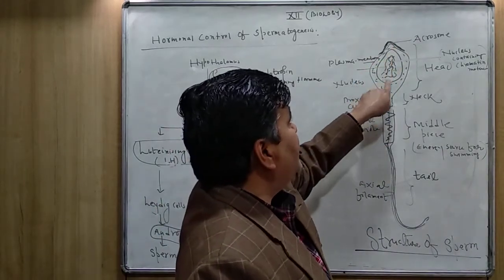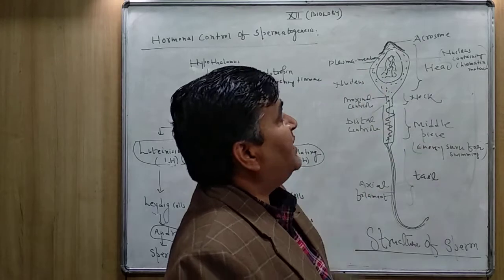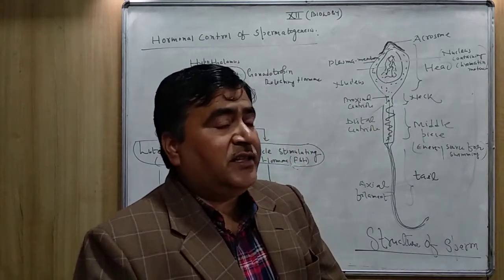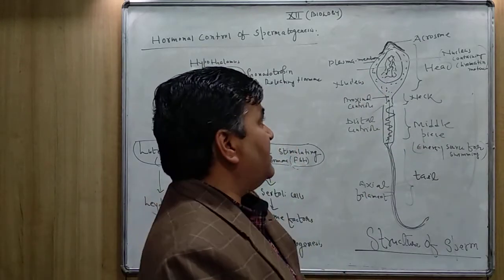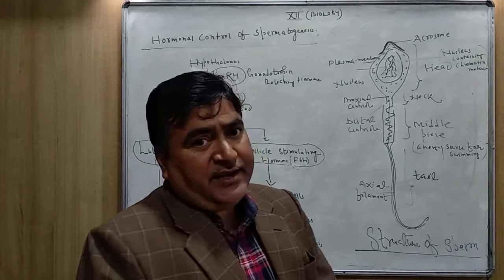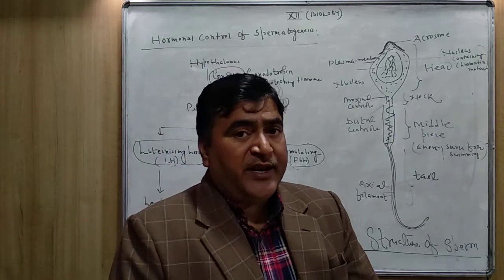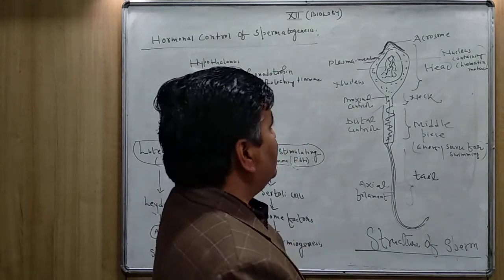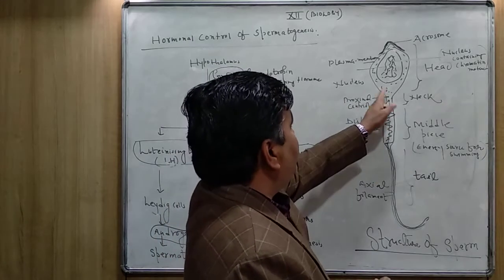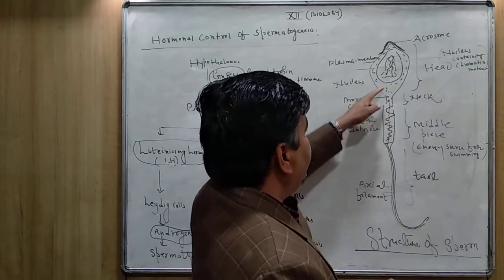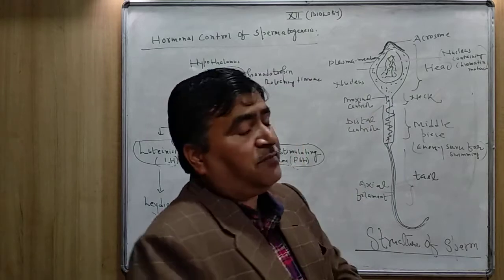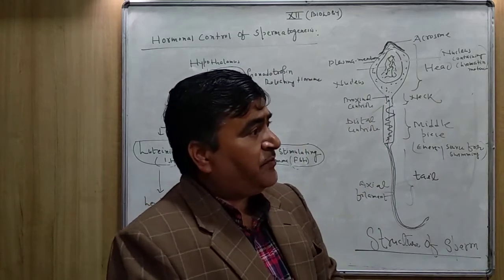You can see here, this is the nucleus, and the nucleus is present in the head region of the sperm. Nucleus contains the chromatin material, or you can say the chromosomes. The outer covering of this head is the plasma membrane.